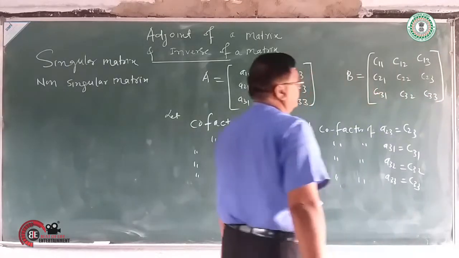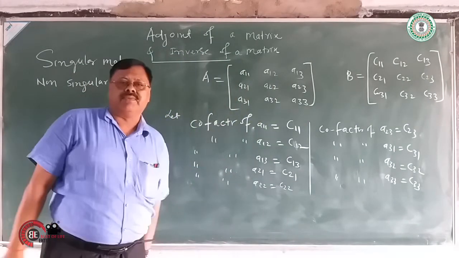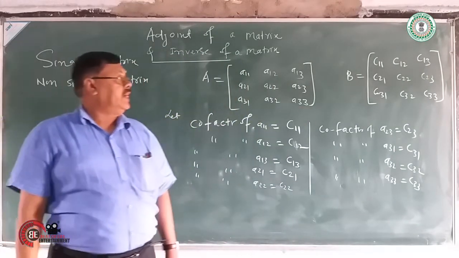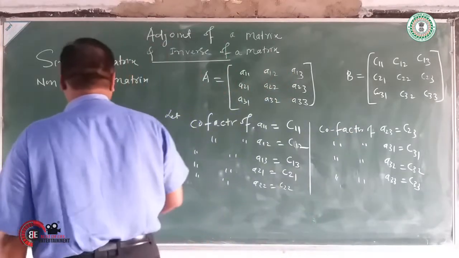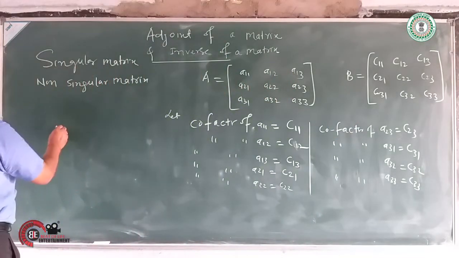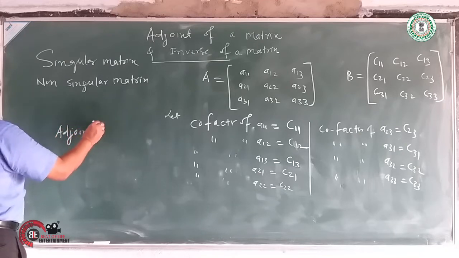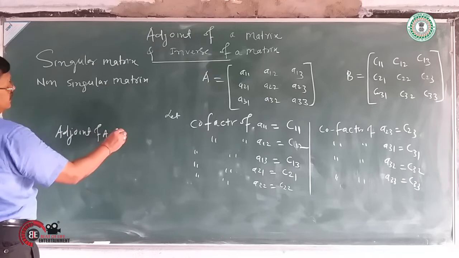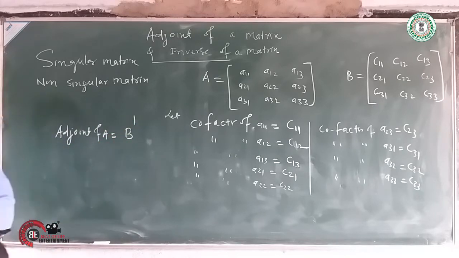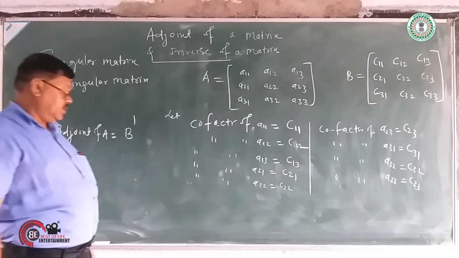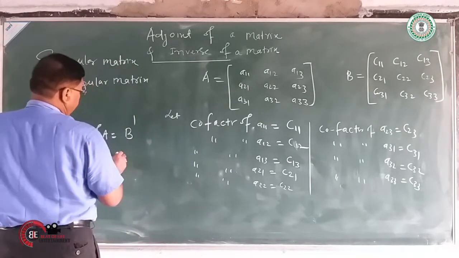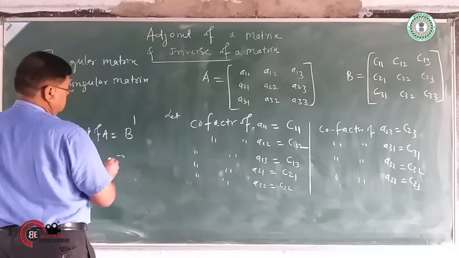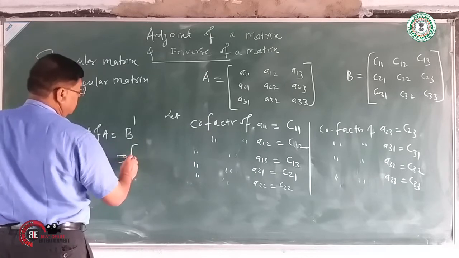It is the matrix of cofactors, the B matrix. Now we take the transpose of this. So the adjoint of the A matrix is B transpose.